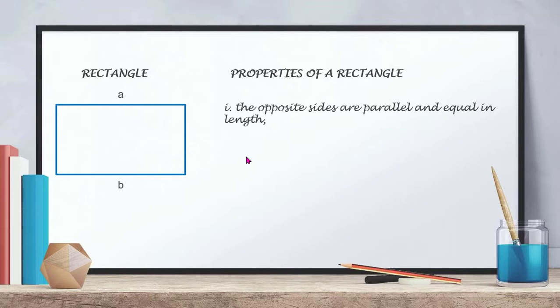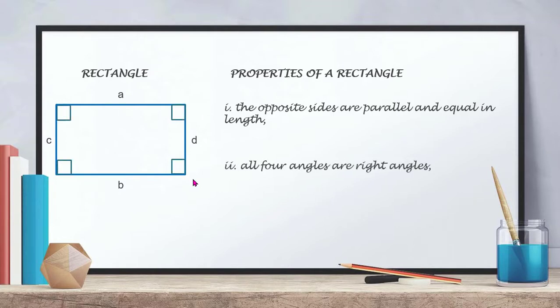For instance, in this rectangle, the side A and the side B are parallel and they are also of the same length. Also, the side C and the side D are parallel and they are also of equal length.